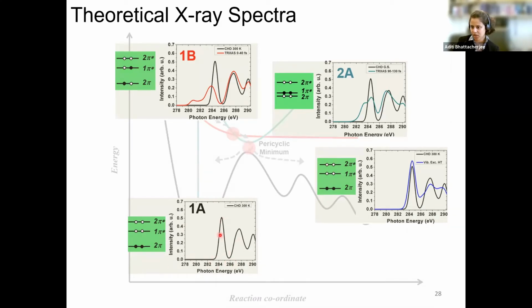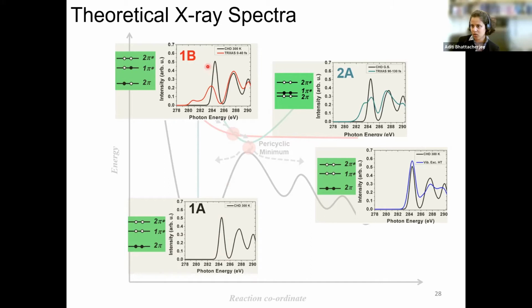The first peak here at 284 electron volts is excitation of a 1s carbon electron into the LUMO, the lowest unoccupied 1 pi star, and successively to the LUMO plus 1, 2 pi star, LUMO plus 2, and so on. For the purposes of today's talk, I will be focusing mainly on the 1s 1 pi star peak, which is this first peak at about 284.2 electron volts.